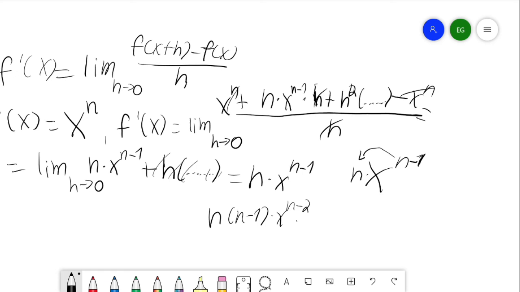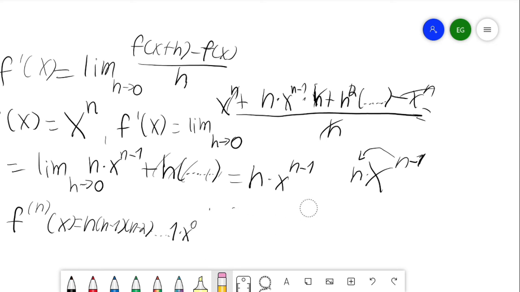And then you can say that even though this is pretty much not helpful, it's still a nice thing to know that the nth derivative, which we'll write like this, with this n symbolizing that there are n derivatives being performed on this, is equal to n times n minus 1 times n minus 2 all the way on to 1 times x to the 0, which, because x to the 0 is equal to 1, and the rest, 1 times 2 times 3 all the way on to n, is the definition of n factorial.